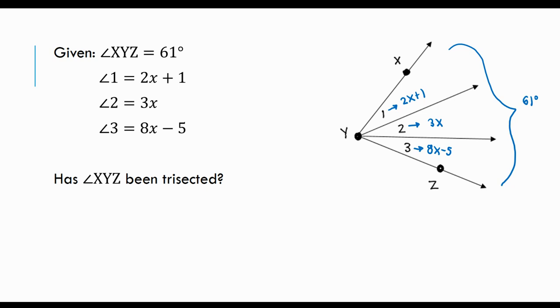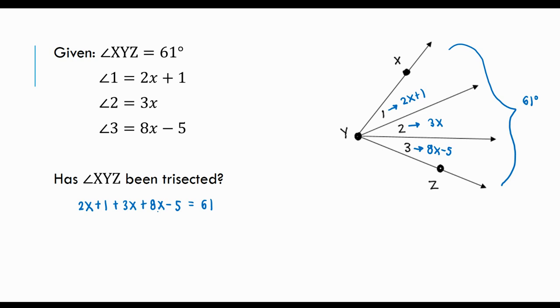So because I don't know if anything's been trisected, the only information that I can really use to create an equation is to take those 3 smaller angles, and if I add them all together, it gets me the measure of the big angle that was provided to us. So I'm going to add up all 3 of those small angles and set it equal to the measure of the really big angle.